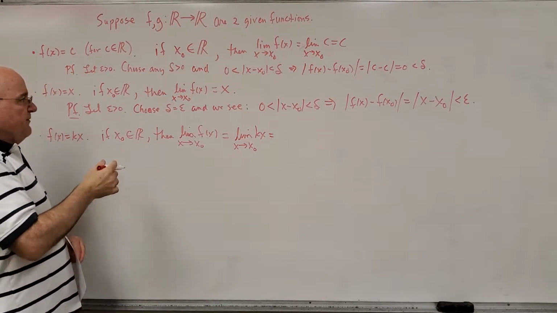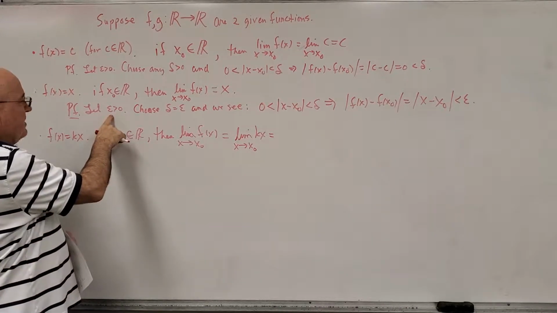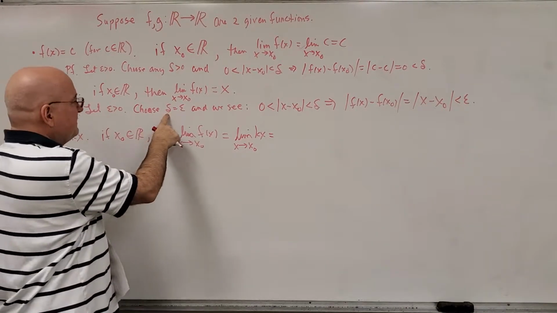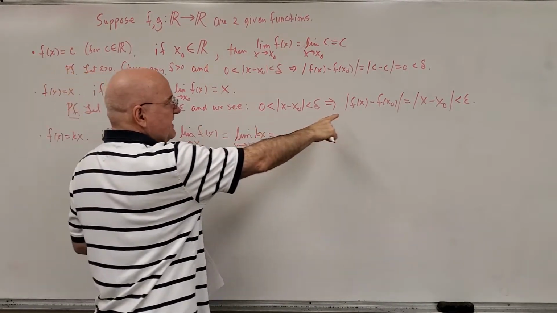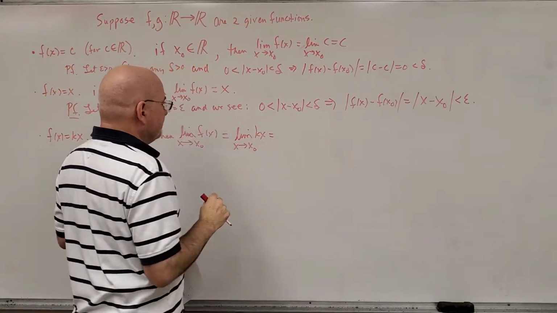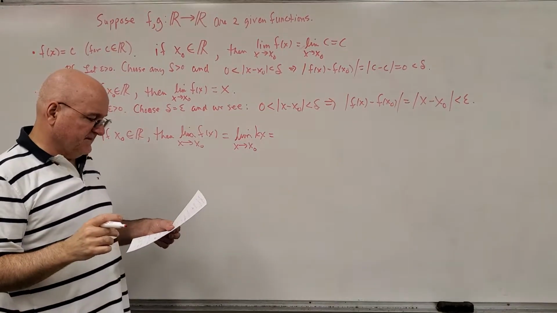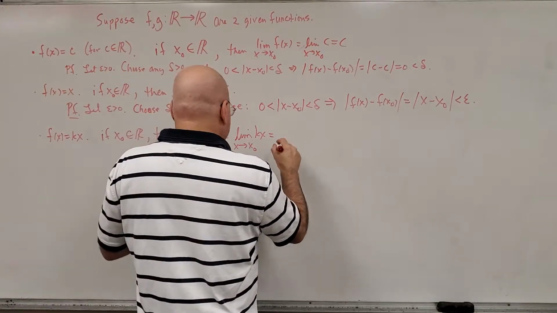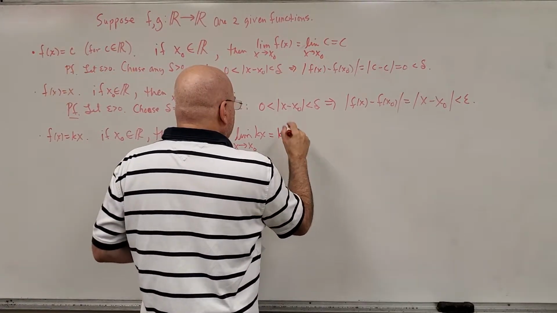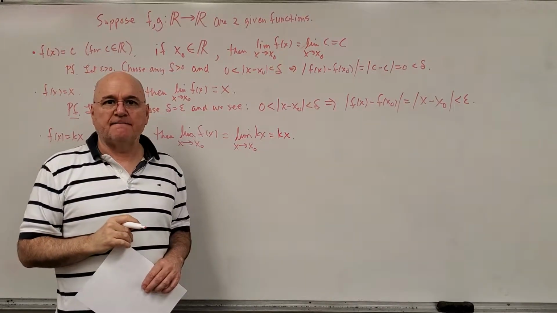Well, just as I said before, we could use the delta epsilon proof: let epsilon be greater than 0, choose delta to be epsilon over k, and it would look just like this line right above it. Let's see. There's actually a nicer way to do that. Well, maybe not nicer, but we don't have to use the delta epsilon method.